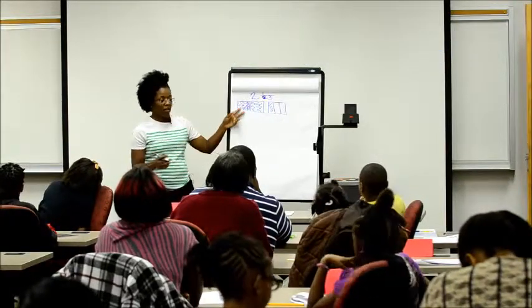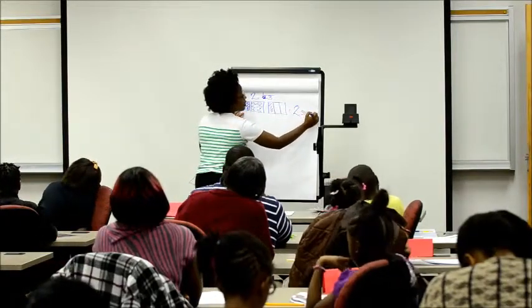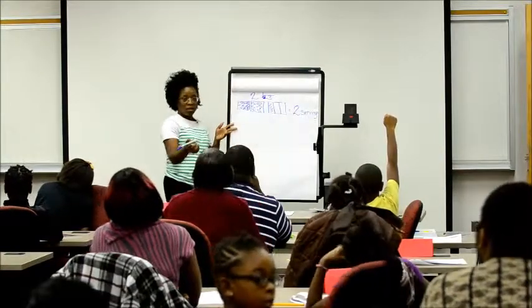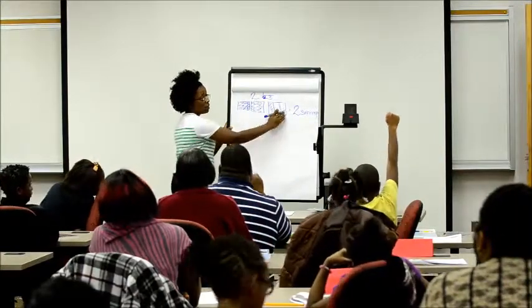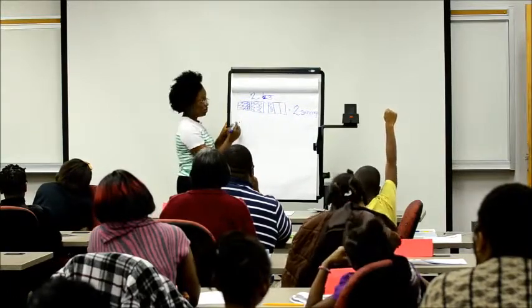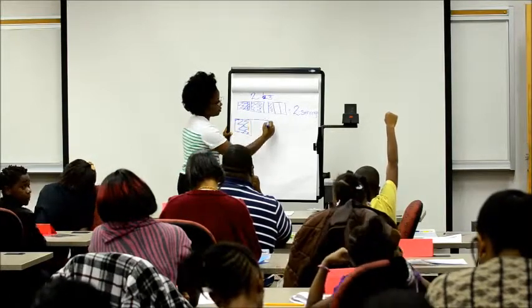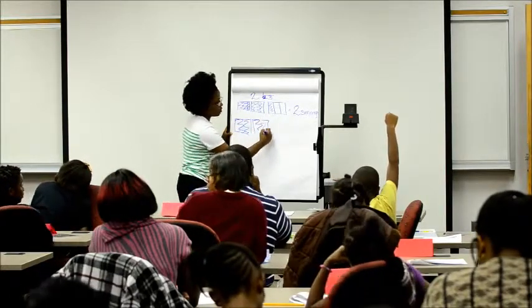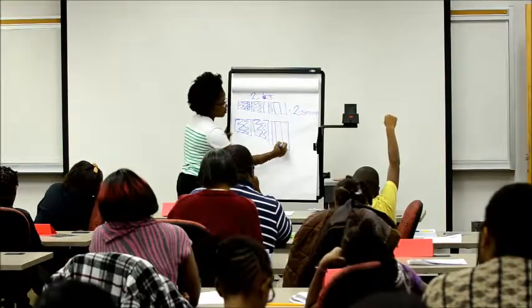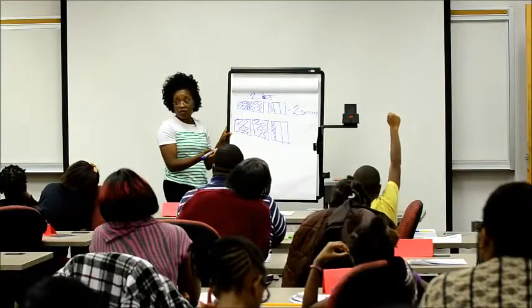So we're already at 2. So what can we do? Add another. Mr. Bama says we're going to draw this again. How many servings will we have now? 4 2/3.